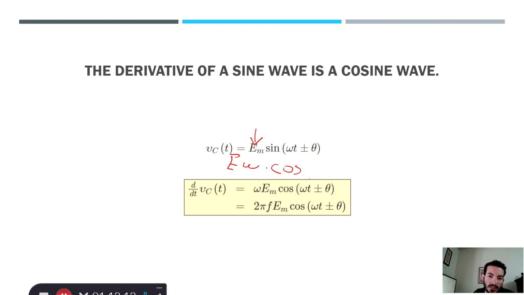Obviously the constant stays the same, omega t, and the same sign that the phase had. And remember, omega is 2 pi f, so in our previous case omega was 377, and it will be 377 times the amplitude of the current or voltage or the power that the wave carries. So again, the derivative of a sine wave is cosine.